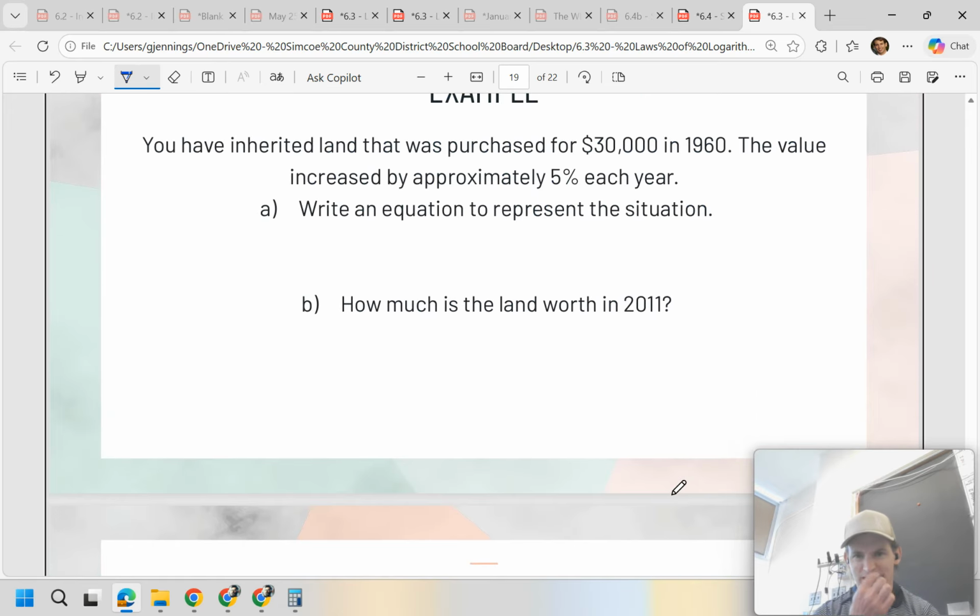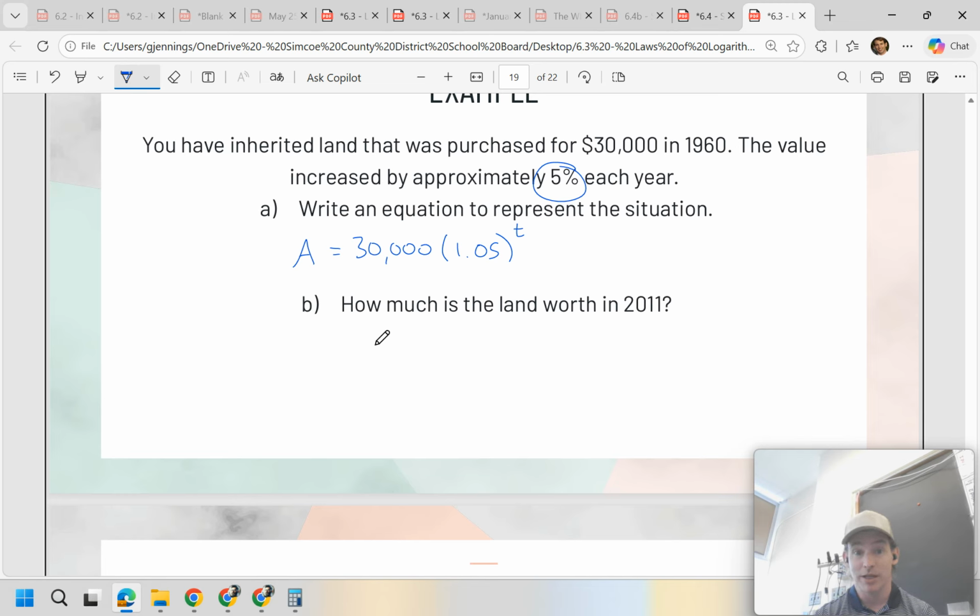Okay, so this one is very similar, so I'm going to go very quickly. The only difference here really is that we're increasing. So we have this land that's worth $30,000 multiplied by the growth factor, which is 1.05. Please not 1.5. 1.5 would be an egregious error, raised to the power time. That's the amount that the land is going to be worth. That's using my formula.